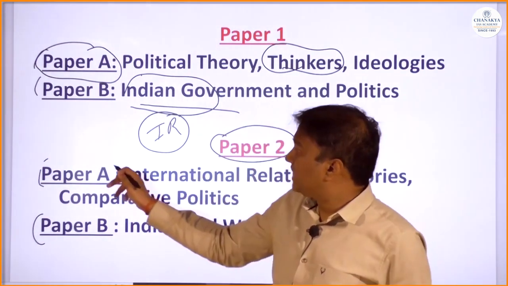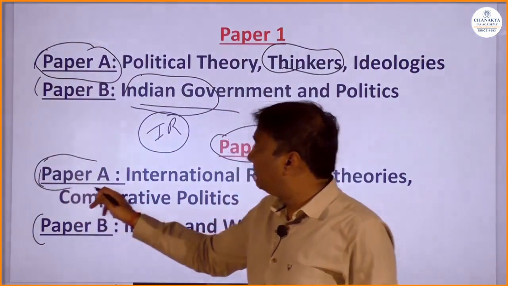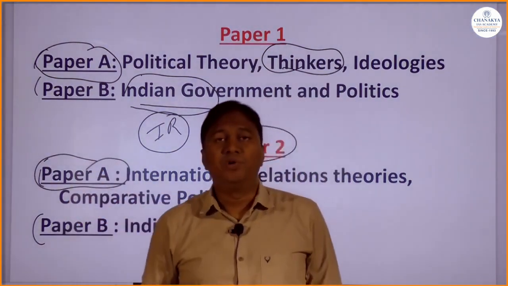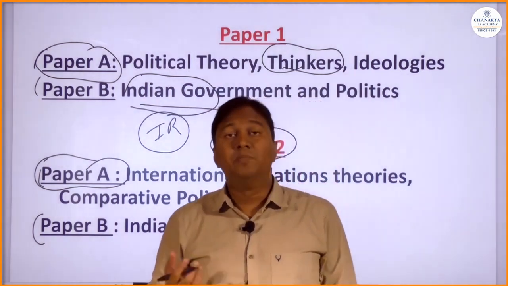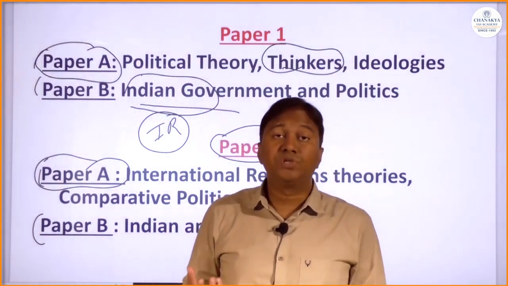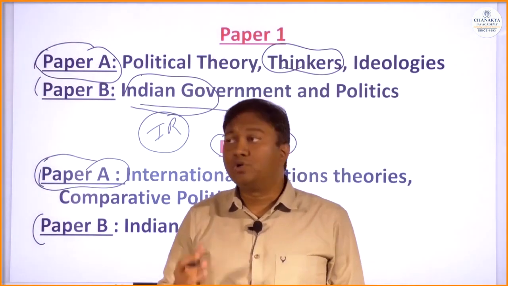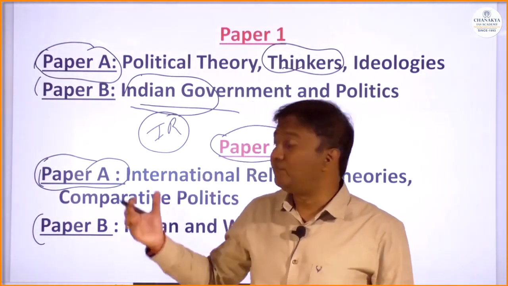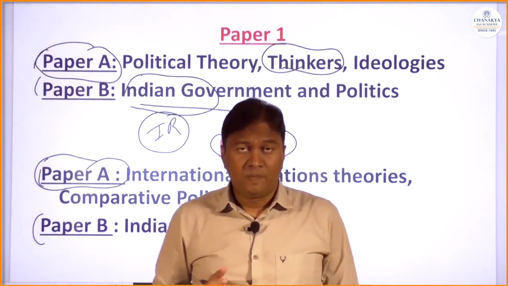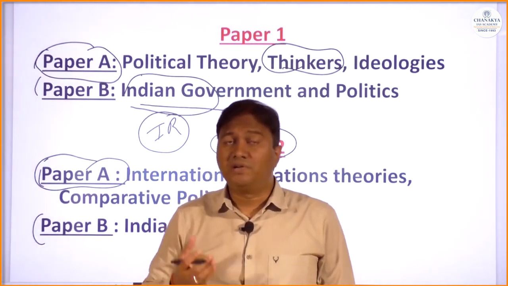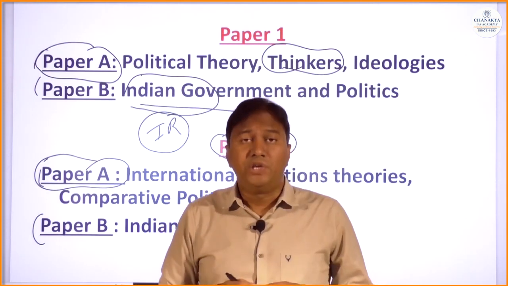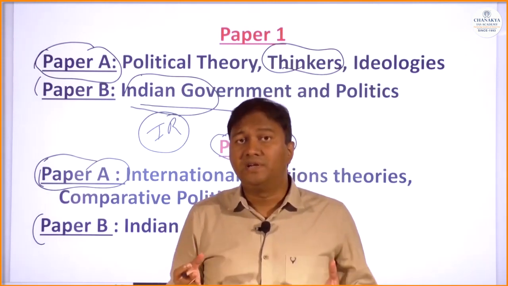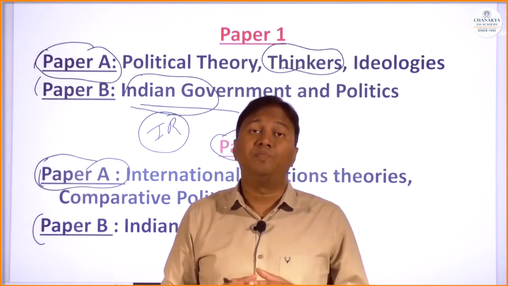As far as paper A is concerned, we have to study international theories like realism, liberalism, Marxism, socialism, feminism, functionalism; all these theories we have to study in paper A. Apart from theories, we have to study different concepts like nuclear policy, transnational actors, deterrence, balance of power.